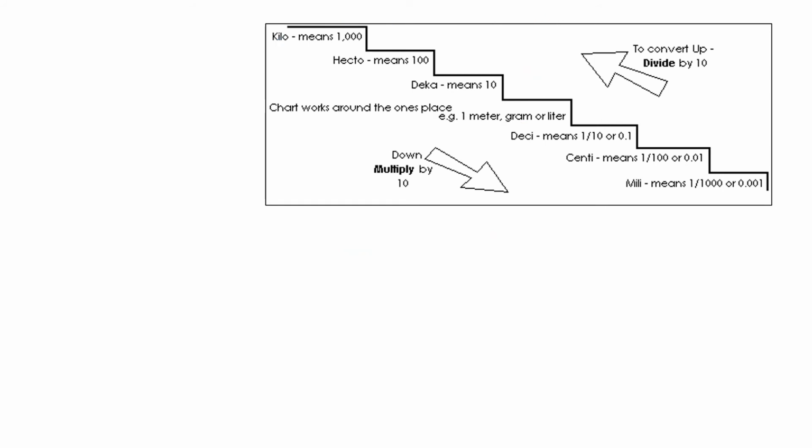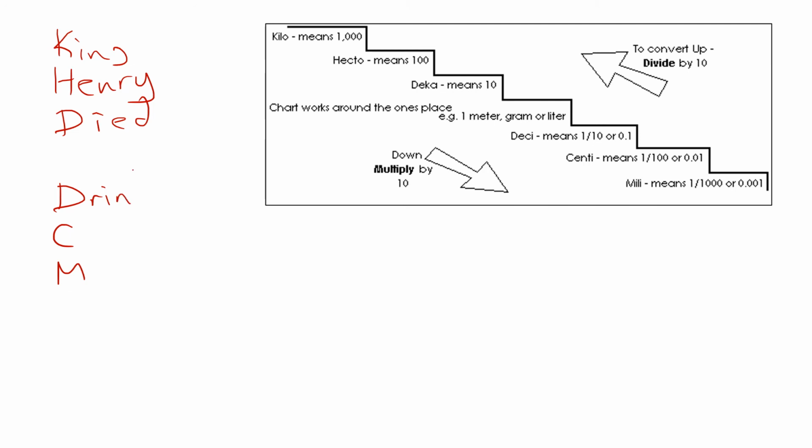Now, like I said earlier, this is a really handy little chart to have, to memorize, to be familiar with mentally. If you want an easy way to remember the chart or your place values, there's a handy little mnemonic for that, which is King Henry died drinking chocolate milk.